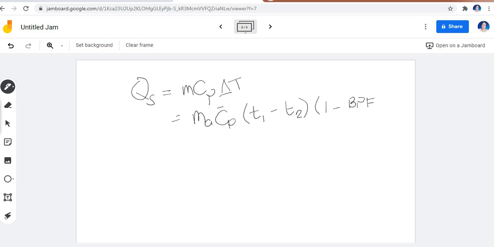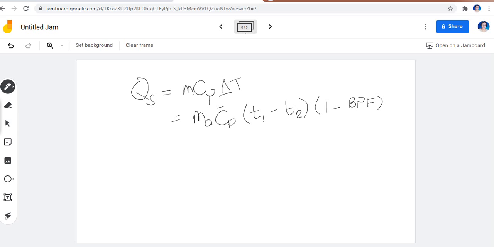The purpose of determining the bypass factor is for us to be able to multiply the sensible heat formula, due to the change in temperature, by the contact factor. So 1 minus the bypass factor is your contact factor.